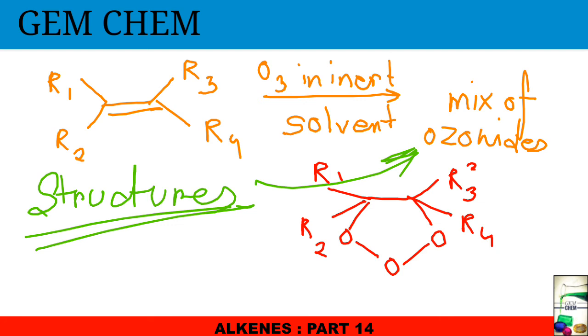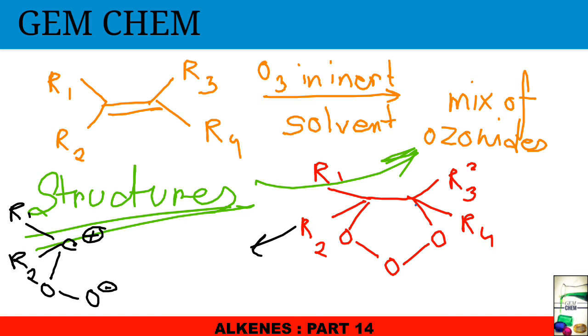Now this can cleave in 2 ways to give us 4 products. What are the 4 products? See here, one is this one, having this positive charge, R1, R2, plus this one along with this R3 and R4.